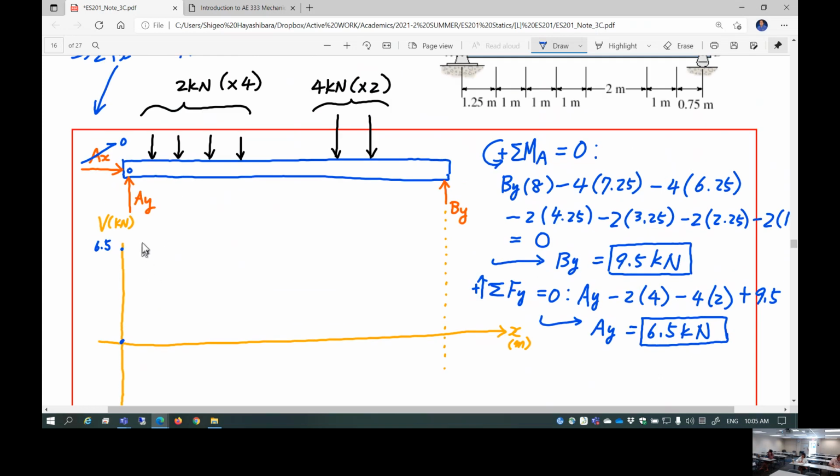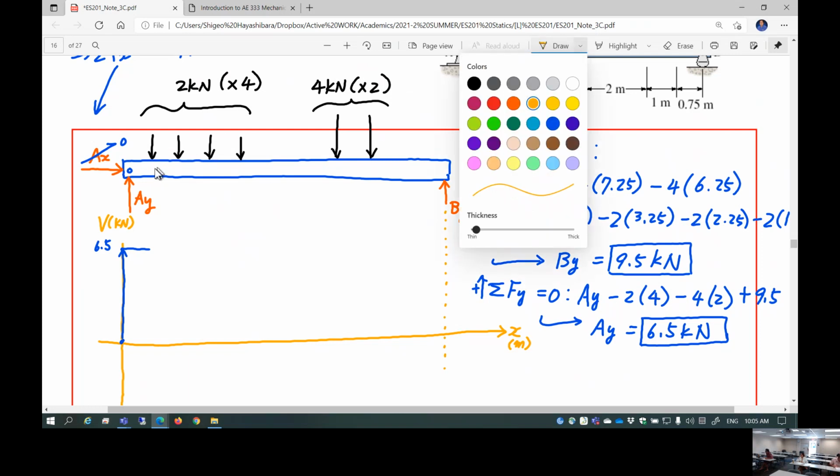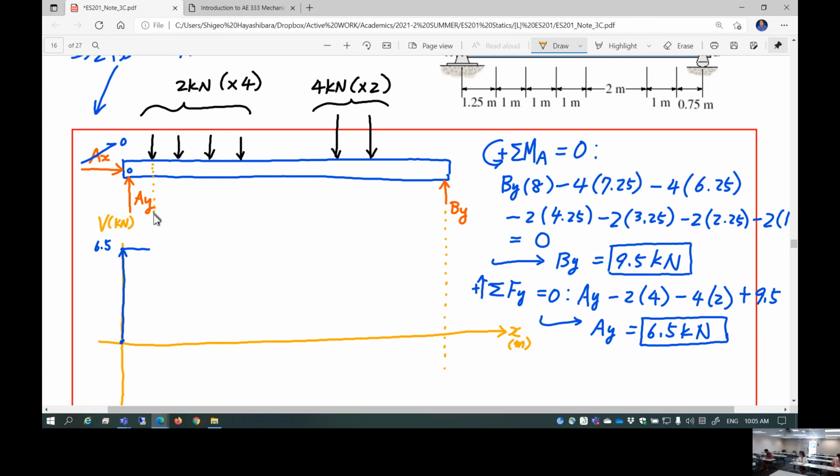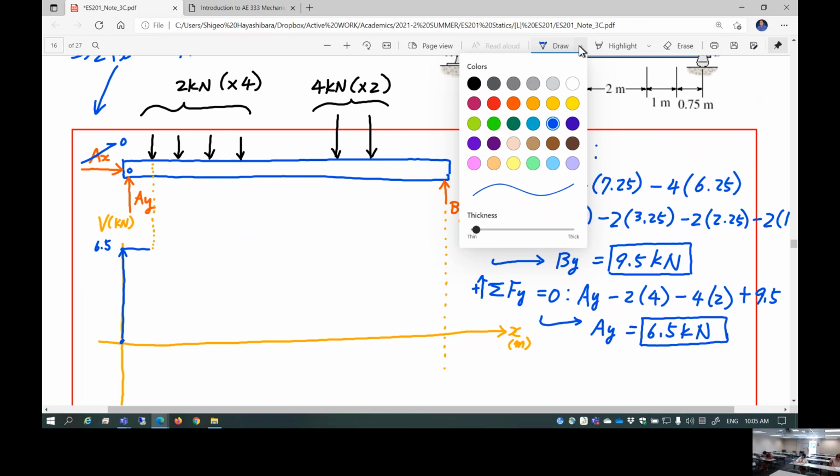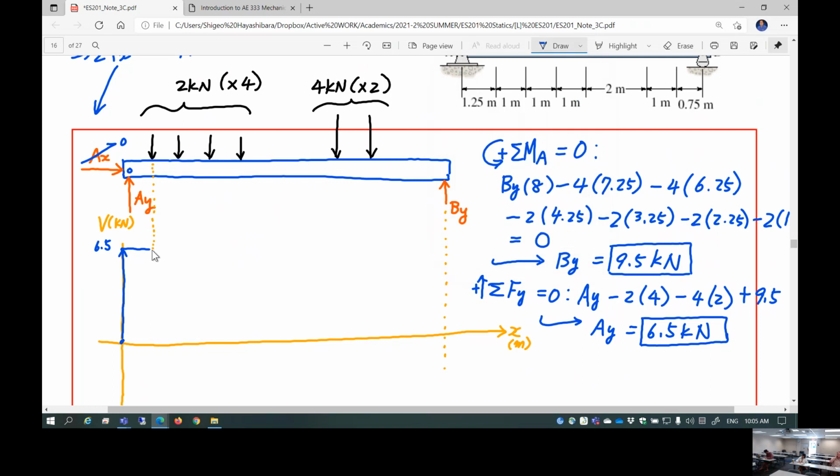So you jump up to 6.5. Okay, so you have jump up 6.5 starting from 0. Now this is where point force 2 kilonewton is applied. So you have a jump of shear. You jump down to 4.5, isn't it? It's 4.5.